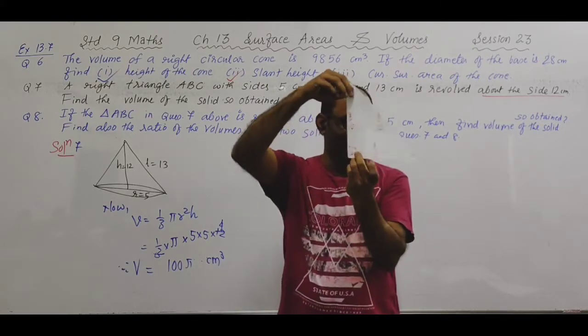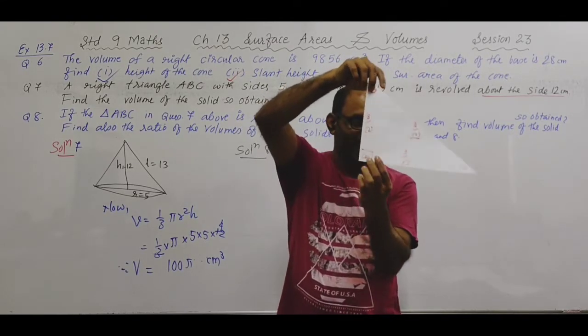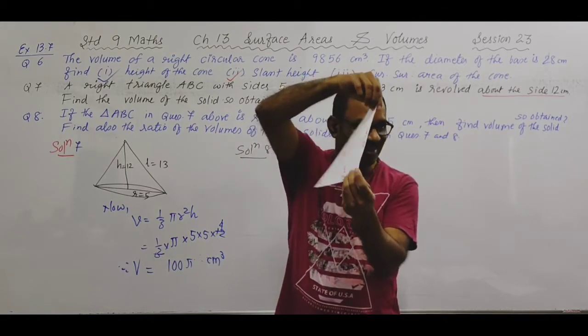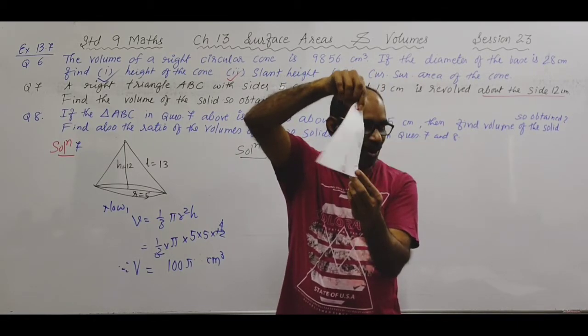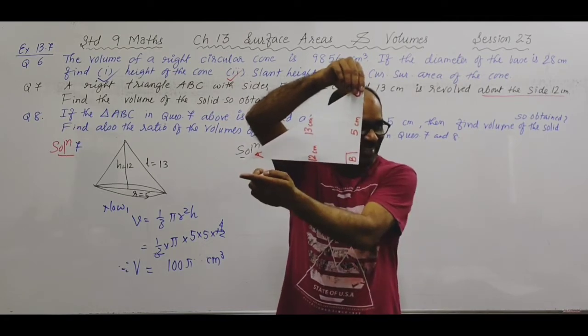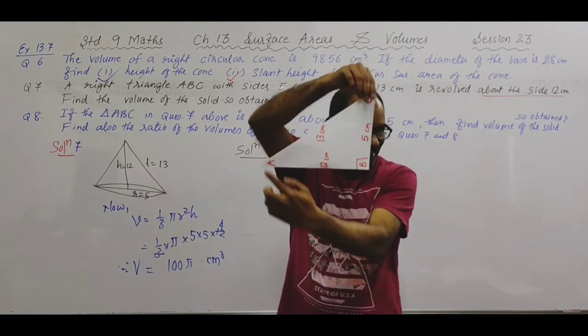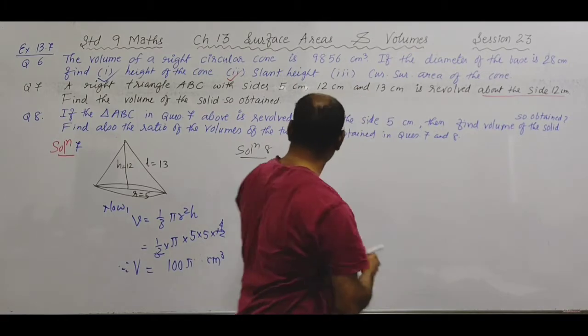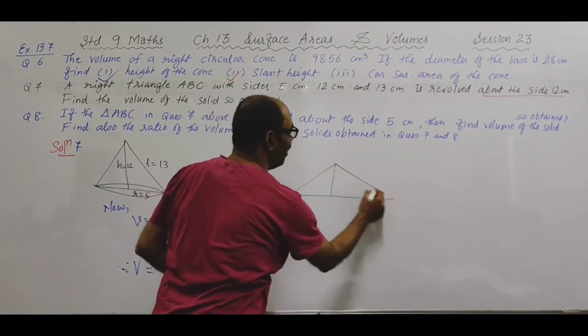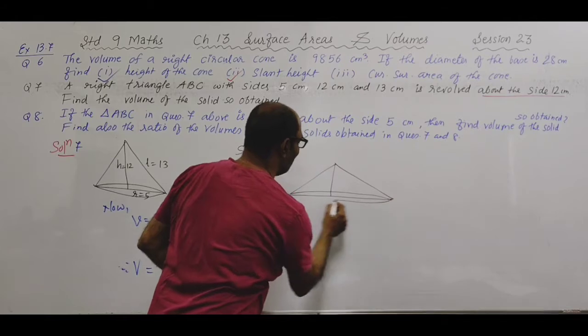Here it is, it's going to revolve, and just imagine it magically gets converted into a solid. The solid that forms has a height, radius and slant height. It's a longer, broader one.